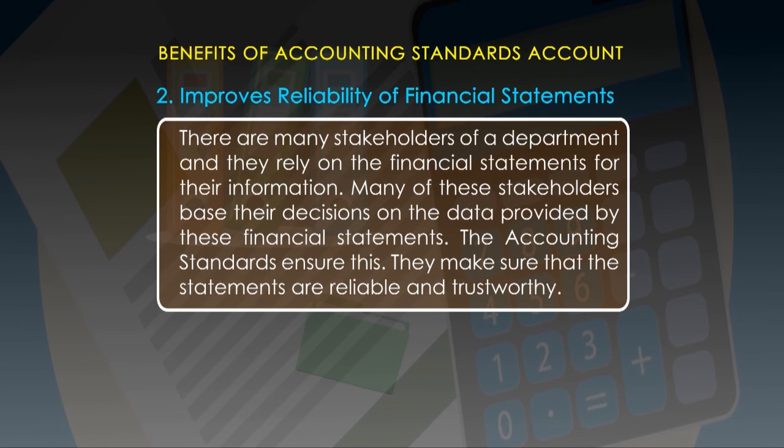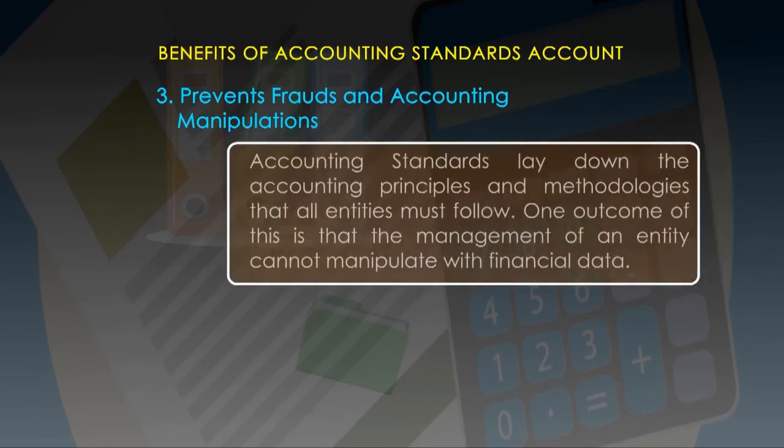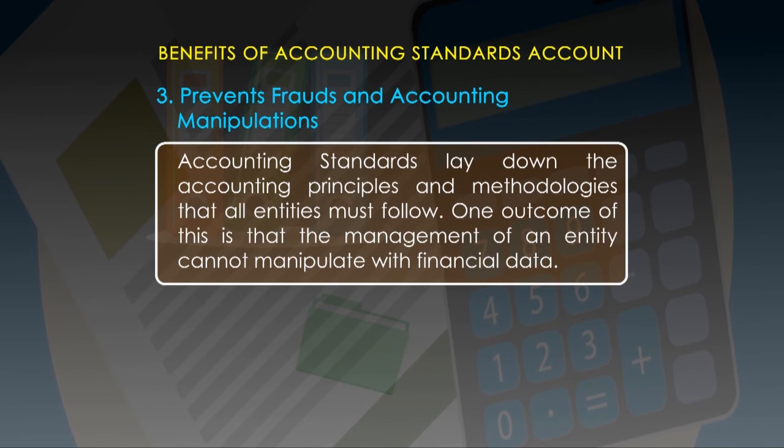They make sure that the statements are reliable and trustworthy. Number three, prevents frauds and accounting manipulations. Accounting standards lay down the accounting principles and methodologies that all entities must follow. One outcome of this is that the management of an entity cannot manipulate the financial data.